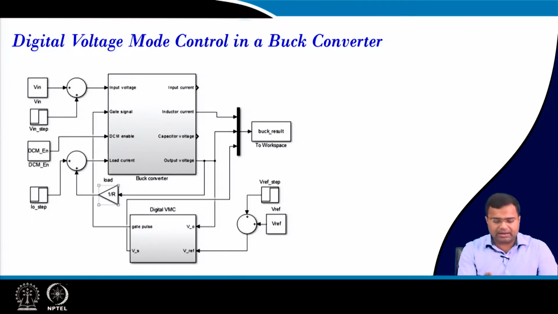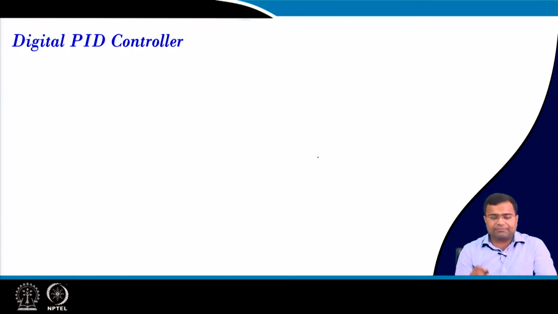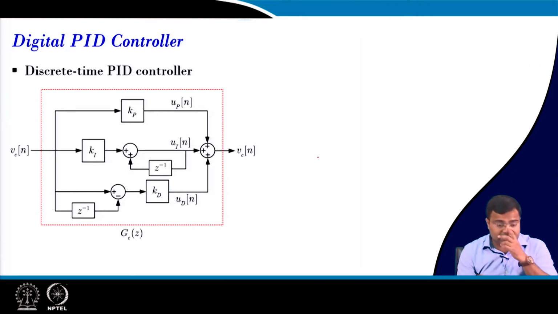Okay. So this is what I am showing, a digital voltage mode controller, and I am going to discuss this MATLAB model here. This is the screenshot of the MATLAB Simulink model, and this represents our digital voltage mode controller. Now, the first thing we want to write is the digital PID controller, and this is the realization using that unit delay.